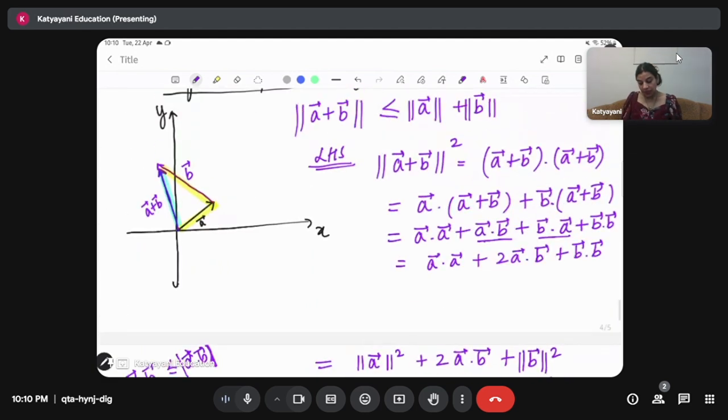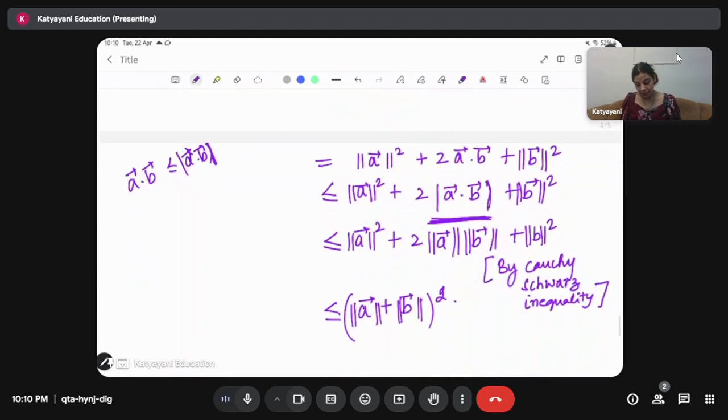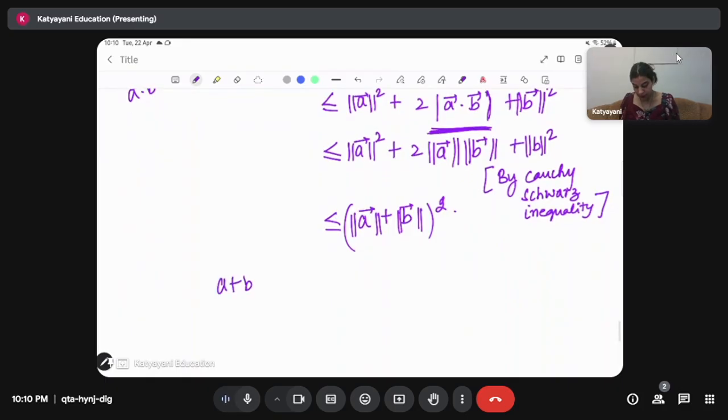So you can see we started from here and where we have reached: this a plus b norm square is less than or equal to a norm plus b norm whole square.